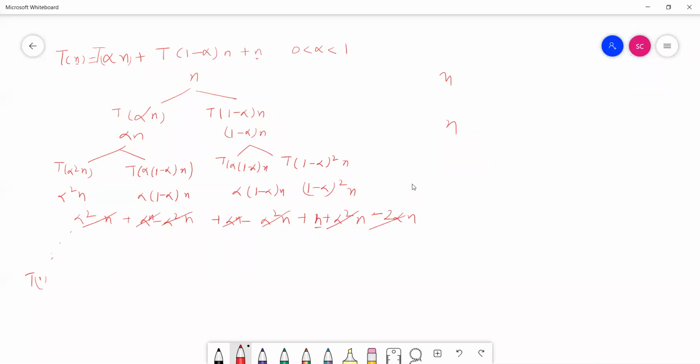So again we are left with n only. So here also we are doing n amount of work. Is this clear? We have simply added all the terms and we are getting n.